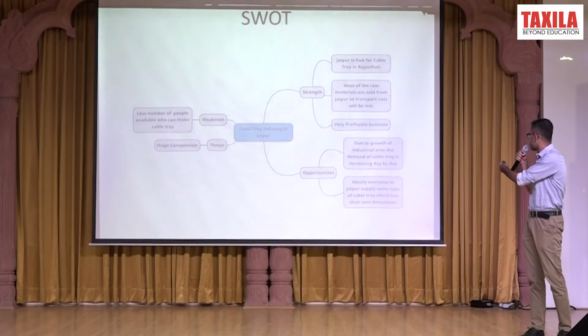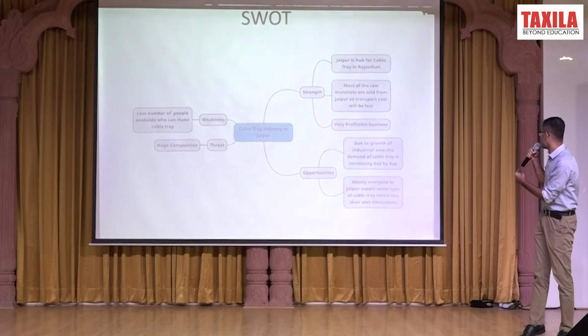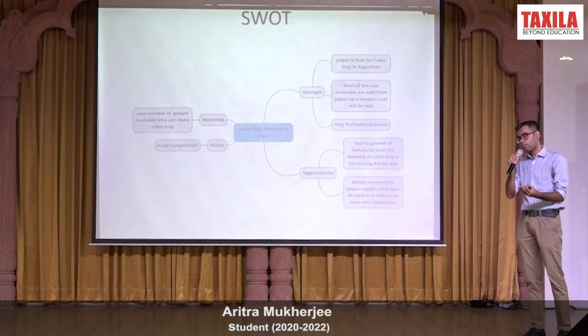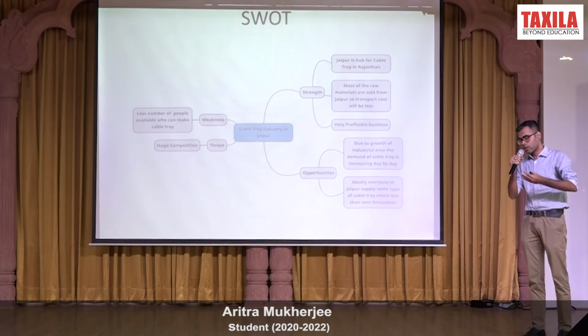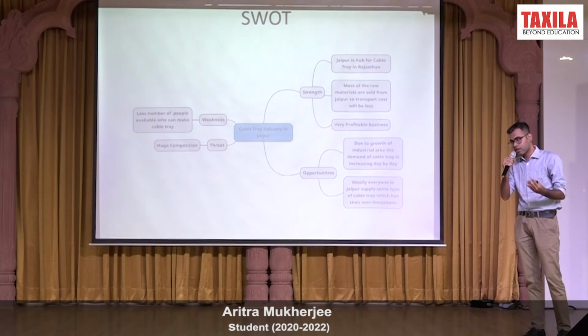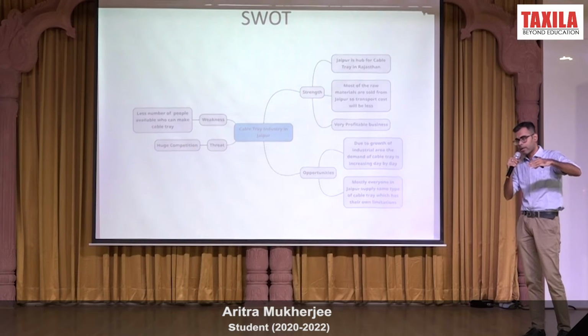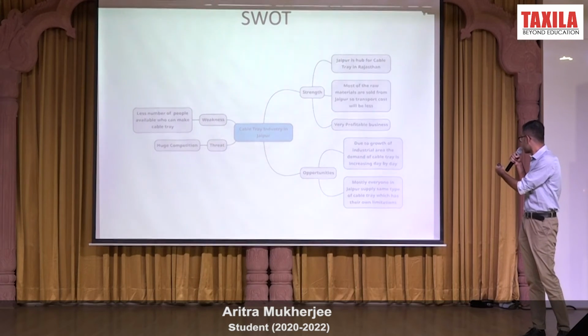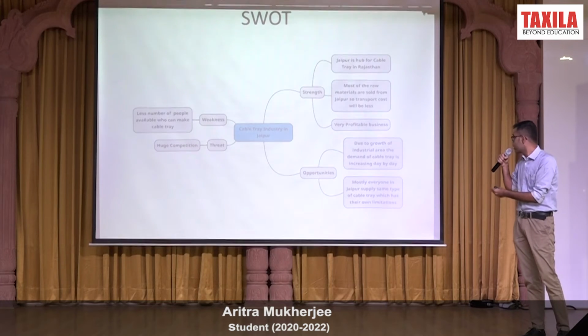Next is opportunity. Due to the growth of industrial areas, the demand for cable tray is increasing day by day. Obviously, the more buildings are constructed here, the more the demand for cable tray will increase. Mostly everyone in Jaipur supplies the same type of cable tray, which has its own limitations.